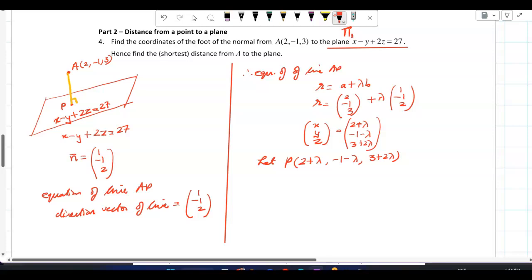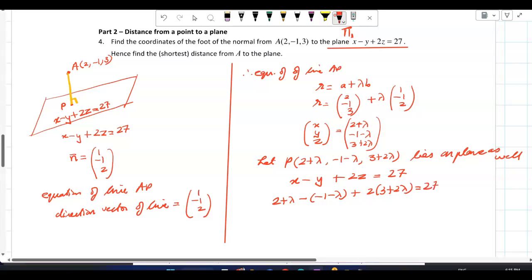Point P is a common point: it lies on the line as well as on the plane. Since it lies on the line, I have these coordinates, and since it lies on the plane as well, you can substitute x, y, z by the coordinates of P into the plane equation and solve for lambda.